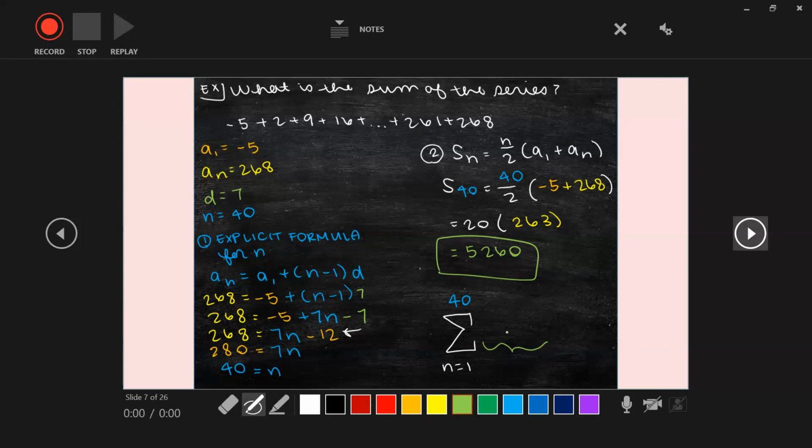Yeah, 7n minus 12. Oh my gosh, I'm so proud of you. It's going to be 7n minus 12. So it's a lot of steps just to get one thing, but it's really not so bad. Now, if you're just asked to put something in summation notation, the only thing you have to do is this part.